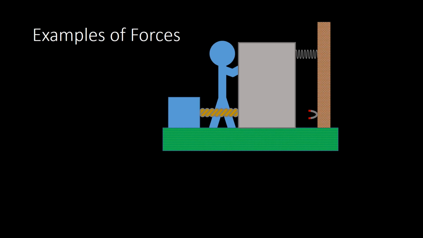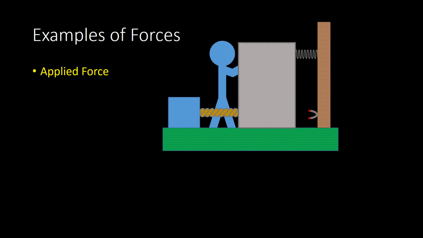Now, one very obvious force that's going to be acting is the fact that we're pushing the box. We call that the applied force. And how do we represent it on the diagram? Well, remember, forces are vectors. Vectors have both a magnitude and a direction, so we're going to use an arrow to represent this force.